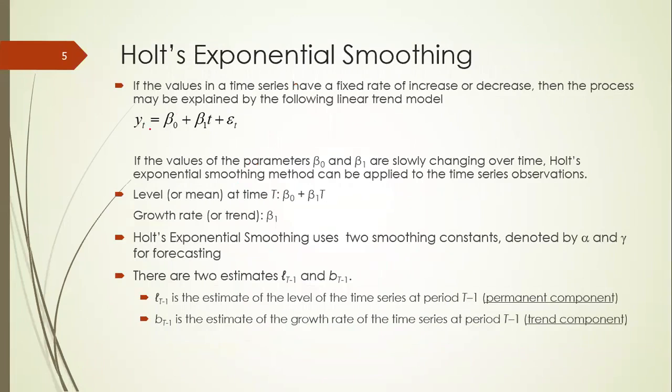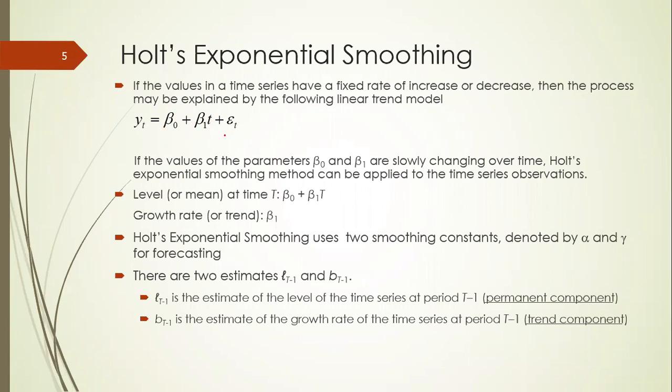Over here, the major difference between simple exponential smoothing and this lies in the fact that we are going to assume that there is some trend in the data. Not actually assume, we will see that there is some trend in the data. Because there is trend in the data, the linear trend that will get followed, we assume, will be beta 0 plus beta 1 t.